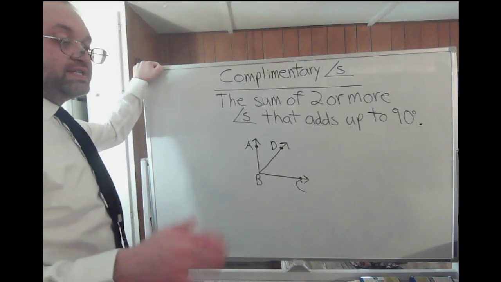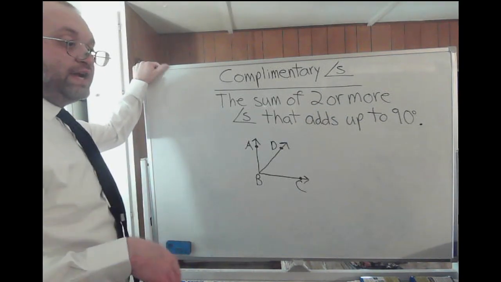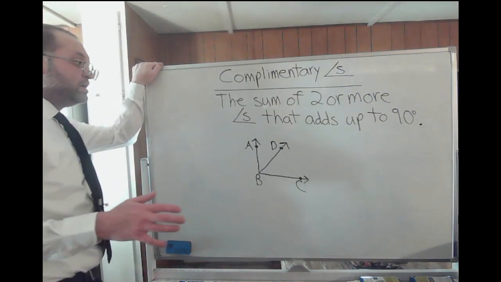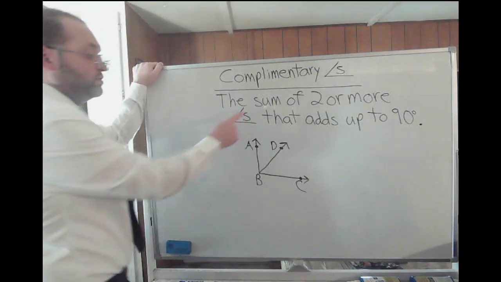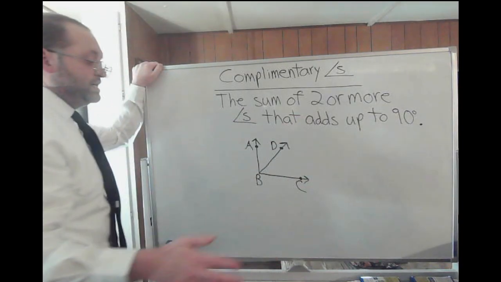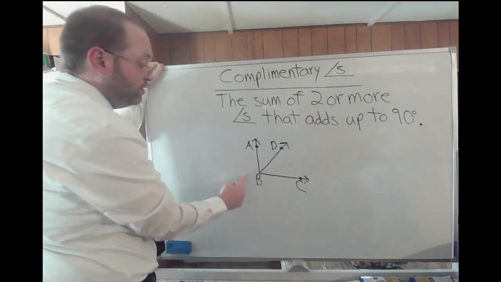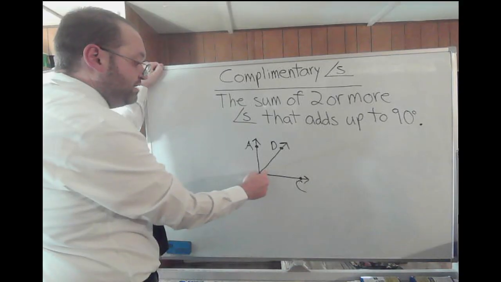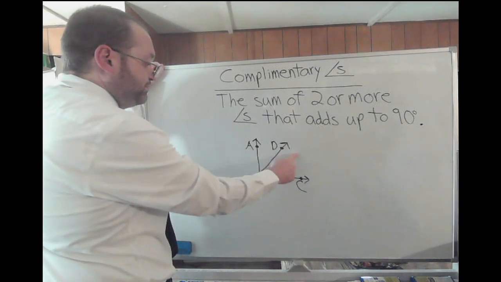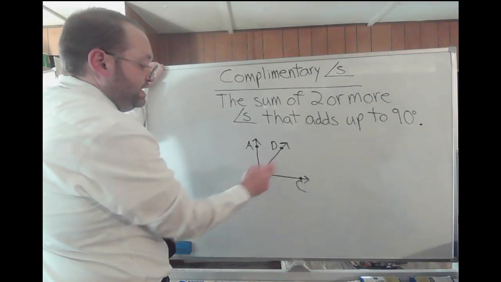If you've been with me since pre-algebra, or if you've had pre-algebra or any other geometry course previously, complementary angles, they're the sum of two or more angles that add up to 90 degrees. So here I have angle ABC. I have ray BD cuts through angle ABC.